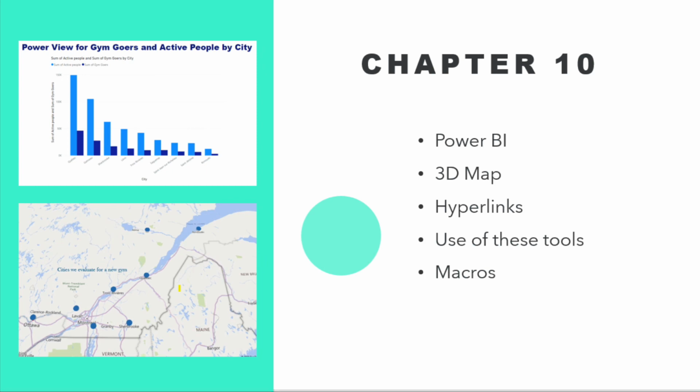So first, as you can see on the top, I used Power BI to create a chart showing the information with a title, and then in my 3D map, this is a screenshot of one scene that shows the 8 cities where they're placed in Quebec, and the little title that says that it's the cities that we evaluate for a new gym.